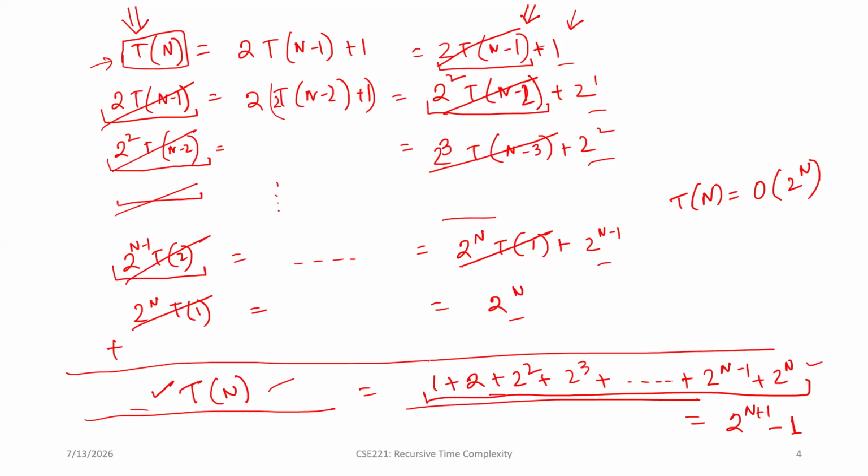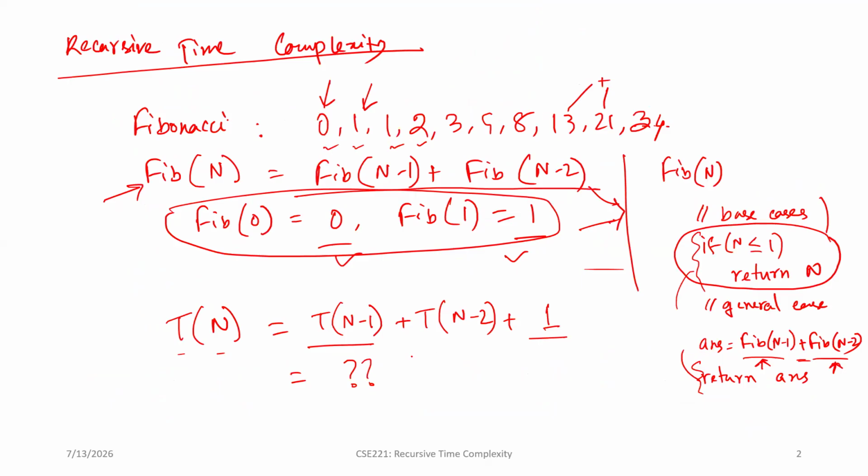And there should remain a series of numbers which can be resolved using a formula. Okay, so that's the first example of the substitution method, recursive time complexity analysis that I'm giving you.